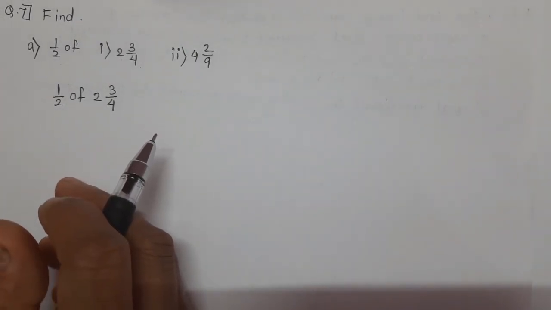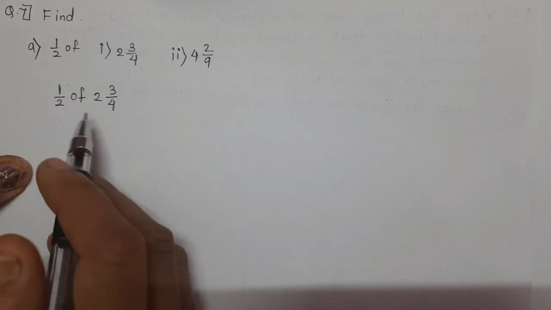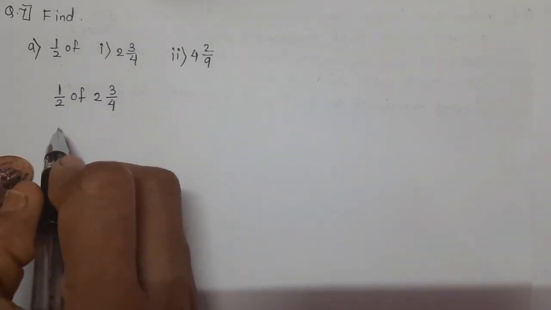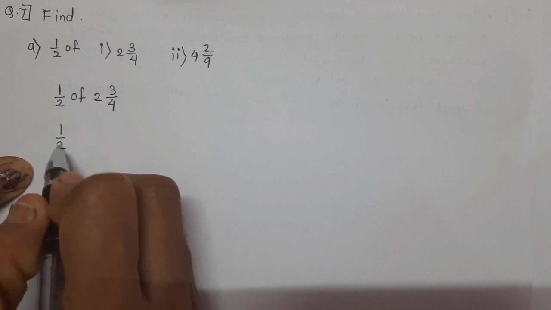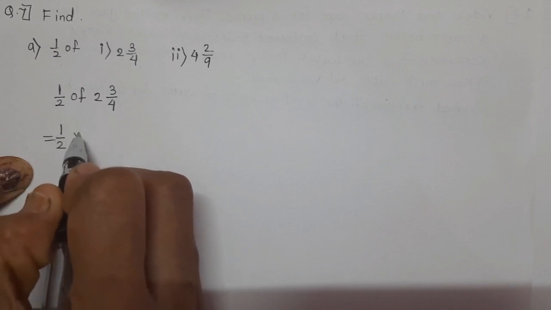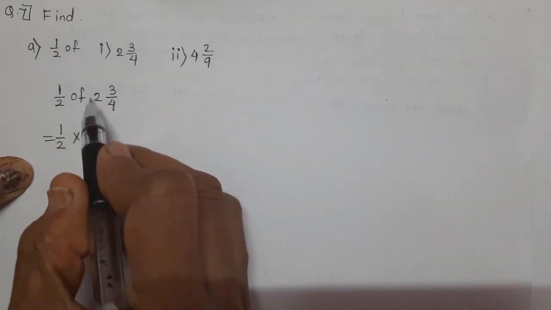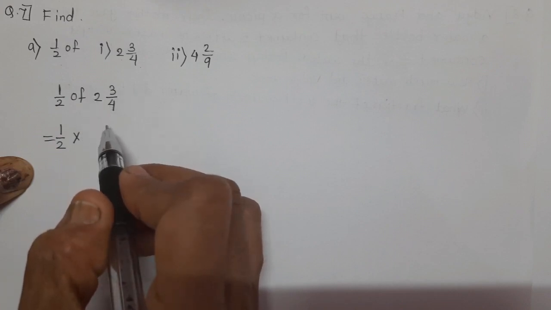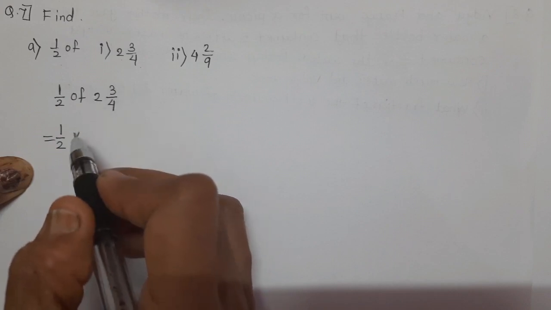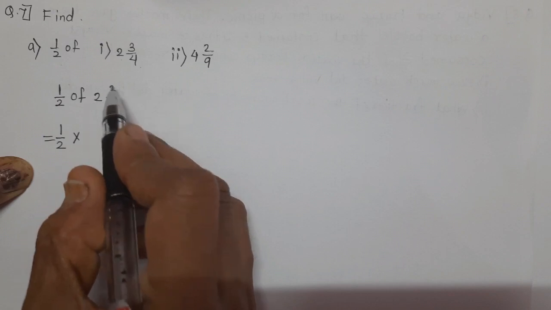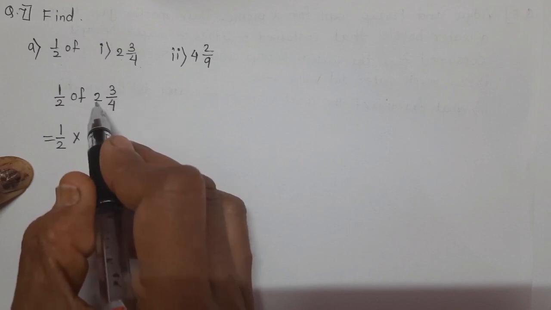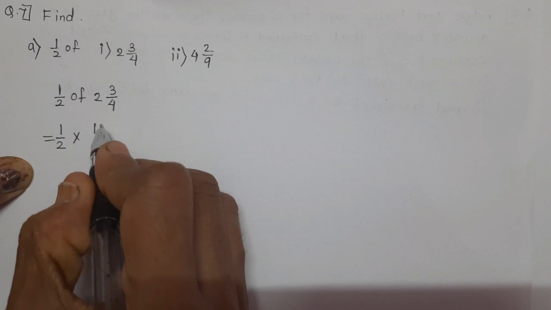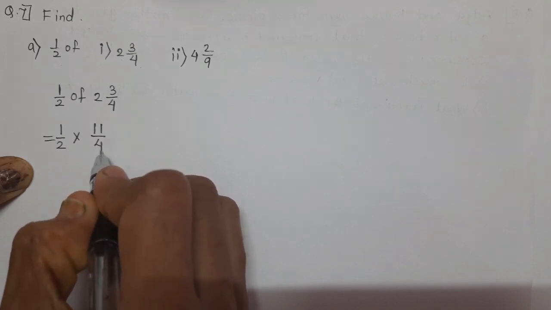Multiplication. 'Of' means multiplied. Okay, so 1 upon 2 of means multiplied. Now what will we do? This mixed fraction we will convert into an improper fraction and then we will multiply. Okay, now this mixed fraction: 4 2s are 8. 8 plus 3, 11. 11 upon 4.